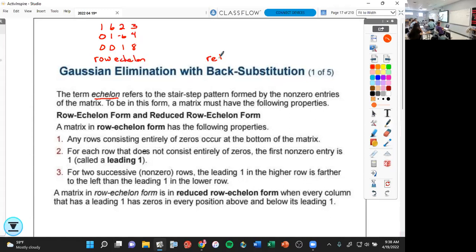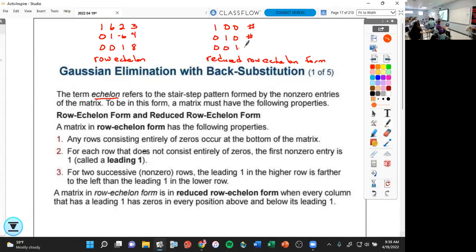Reduced row echelon form would look like this: 1, 0, 0, some number. 0, 1, 0, some number. 0, 0, 1, and I'm going to go ahead and put an 8. I wrote it this way to show you these are the same. I just don't know what number goes in those, but I know that one's an 8. We'll talk about what all this means later. So this is row echelon. This is reduced row echelon.